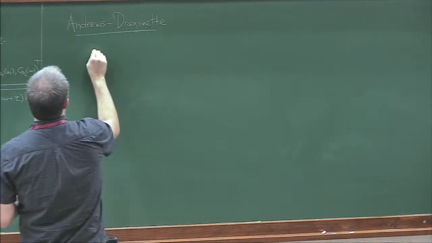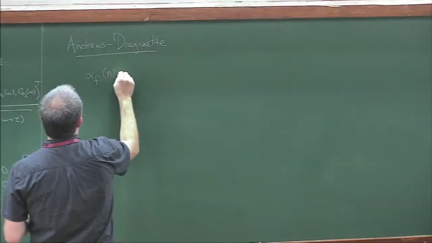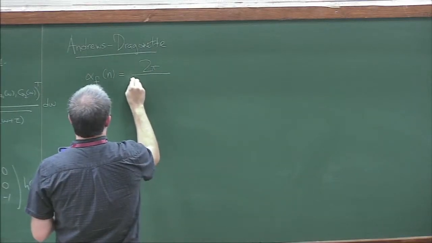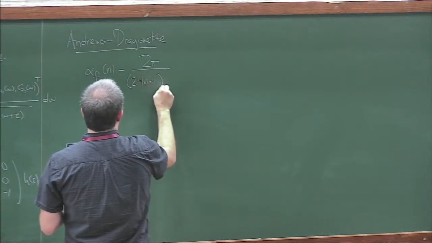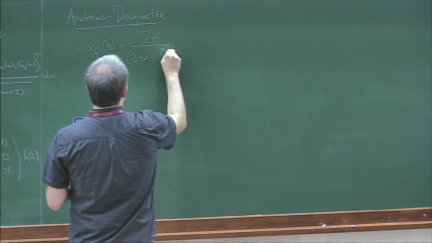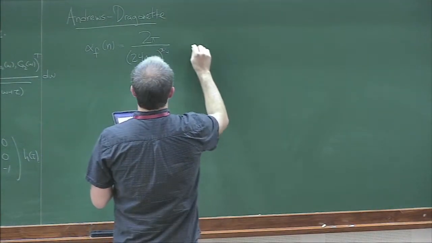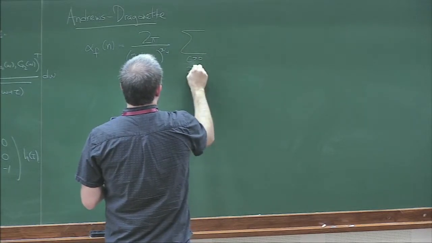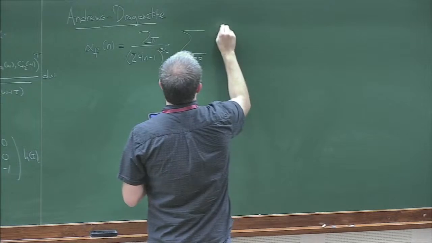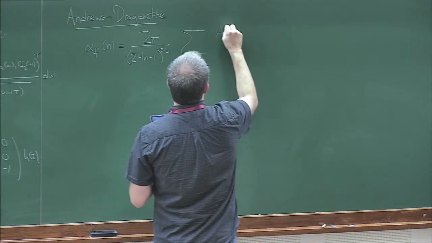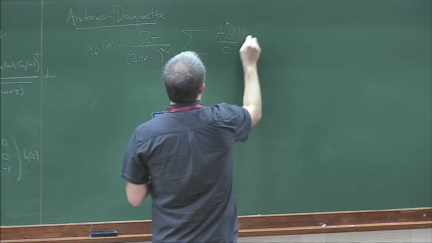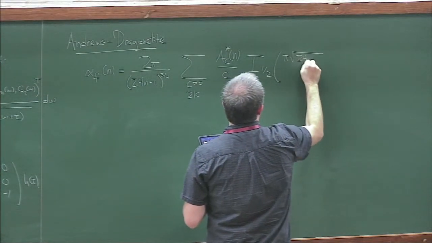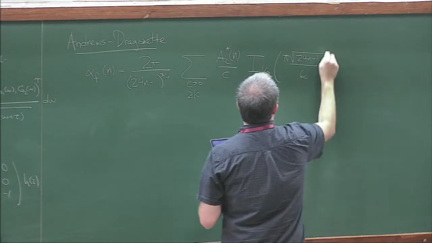The conjecture, I'll rewrite it for you, looks like alpha f of n equals 2 pi over (24n minus 1) to the 3/4, sum over c bigger than 0, 2 divides c, of A_c(n) star over c, I_{1/2} of pi squared of 24n minus 1 over 6c.